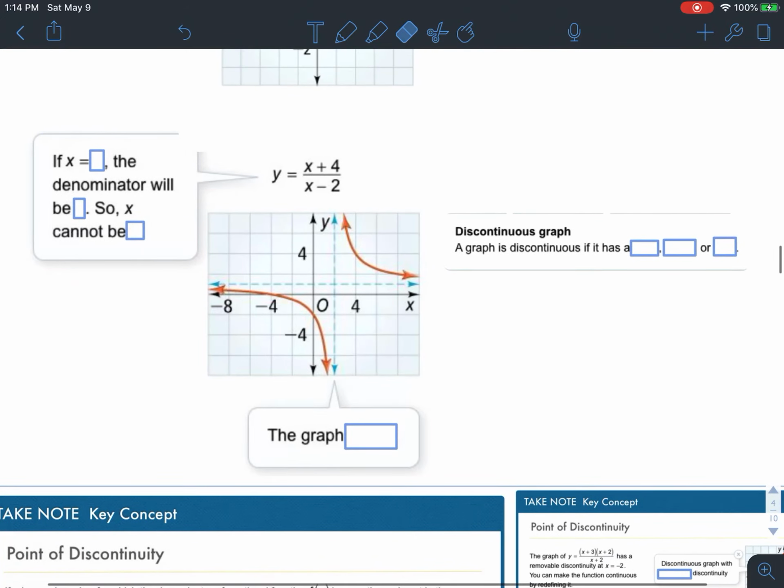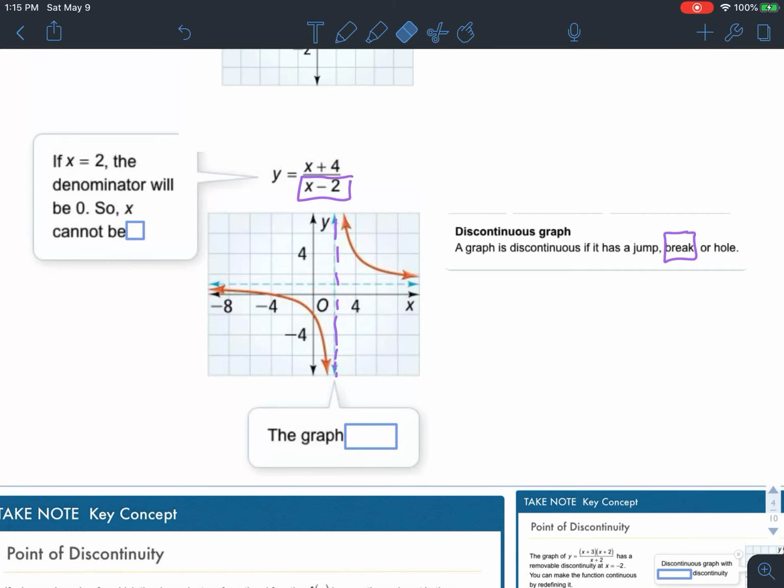Okay, here's another kind of discontinuous graph. This graph has a break because it has an asymptote. The asymptote is coming from x equals 2 because that's what would make the bottom be 0. This has a scale of 2 for every block. So if x is 2, the denominator will be 0.